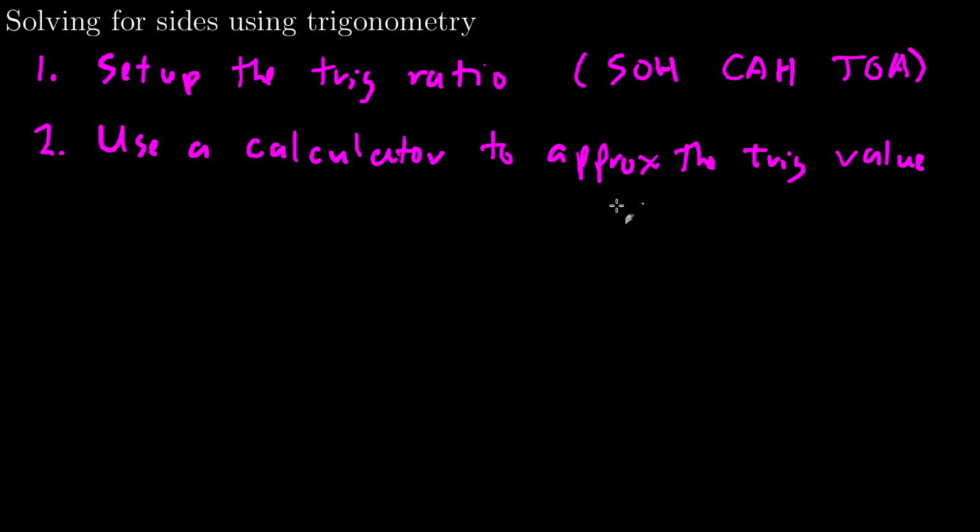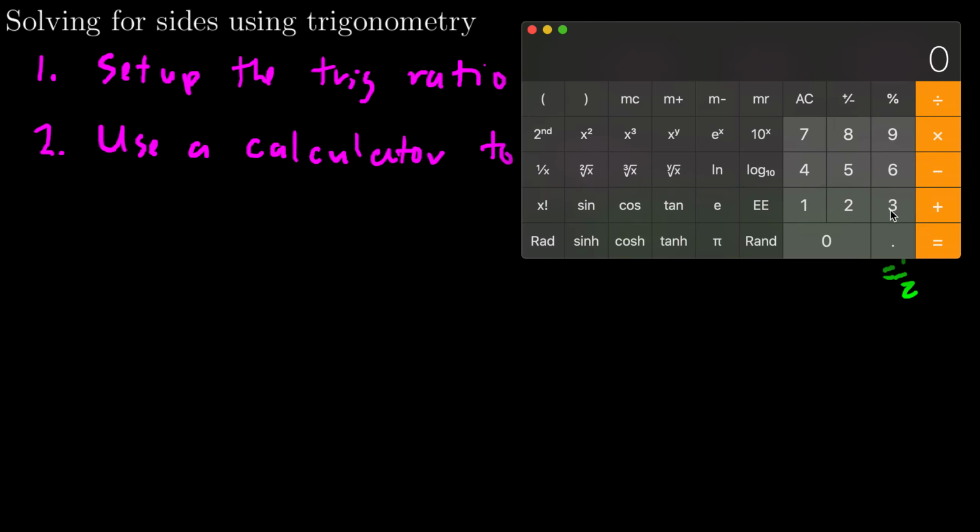This is important. So check that the sine of 30 degrees should give you 0.5, or should give you 1/2. So when I type in 30 and press the sine button, I get 0.5. Mine's set up correctly.